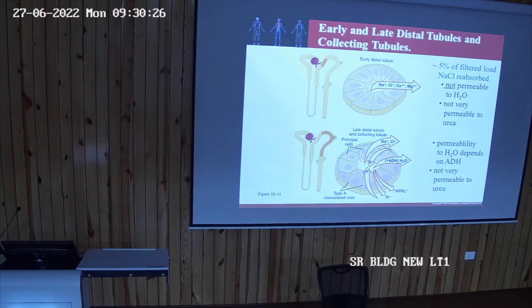When aldosterone enters, it is not a steroid hormone, it has to enter through the receptor. So a receptor is present on the basolateral surface. Aldosterone is secreted, comes into circulation, reaches the receptor, gets attached to the receptor, and enters into the cell. There is a change in transcription resulting in changes in the principal cell.